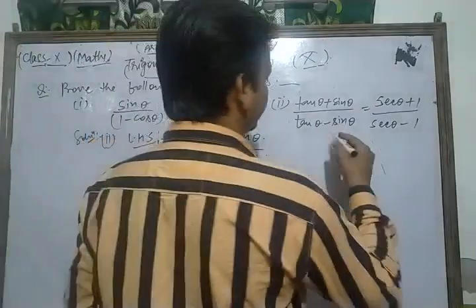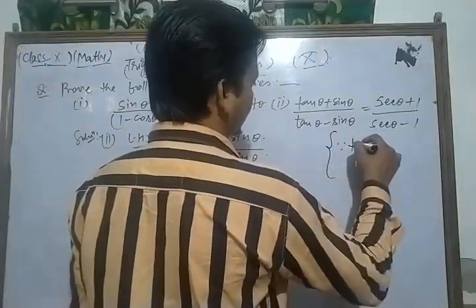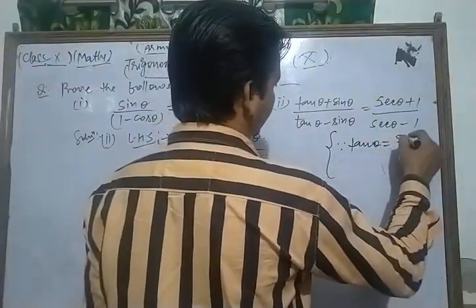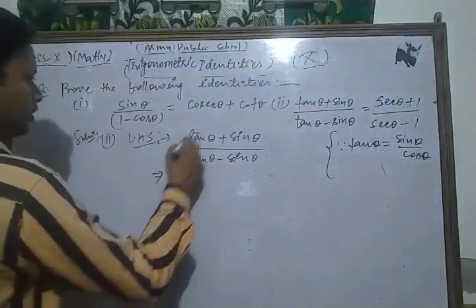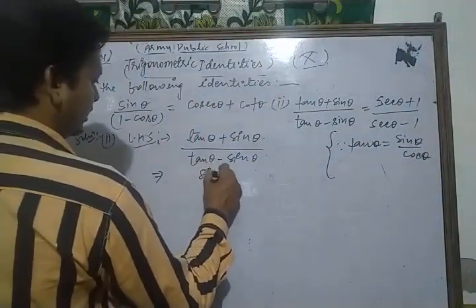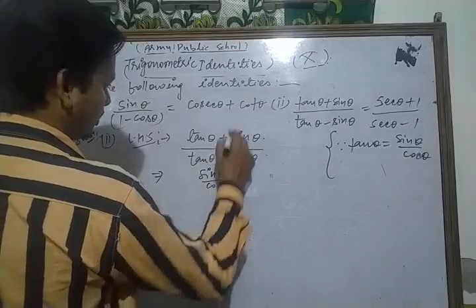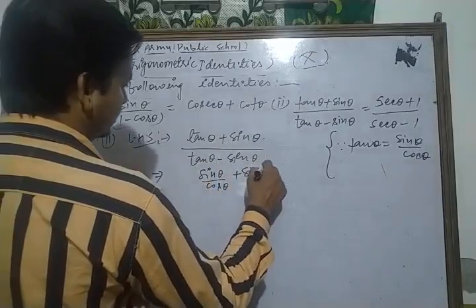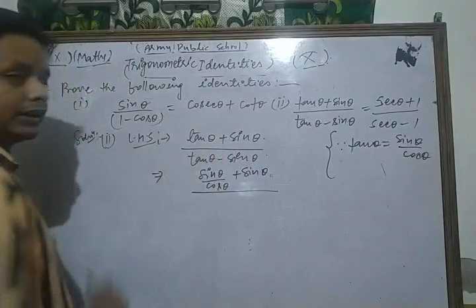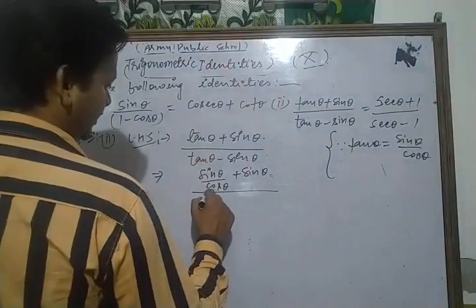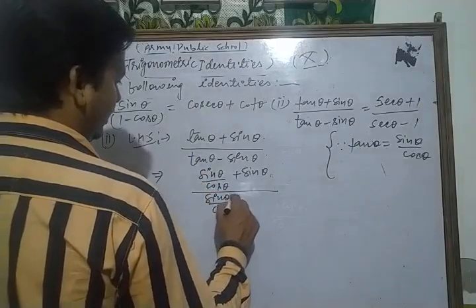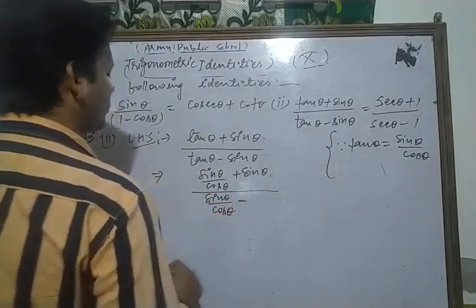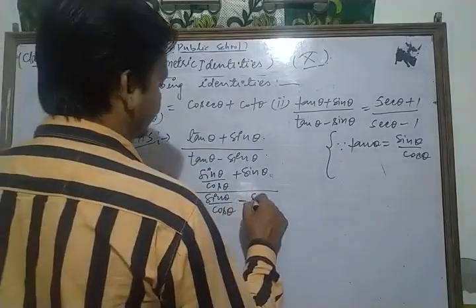Since tan theta is equal to sin theta upon cos theta, here we put that value. So this is sin theta upon cos theta plus sin theta, write as it is. And in the denominator we write sin theta upon cos theta minus sin theta, write as it is.